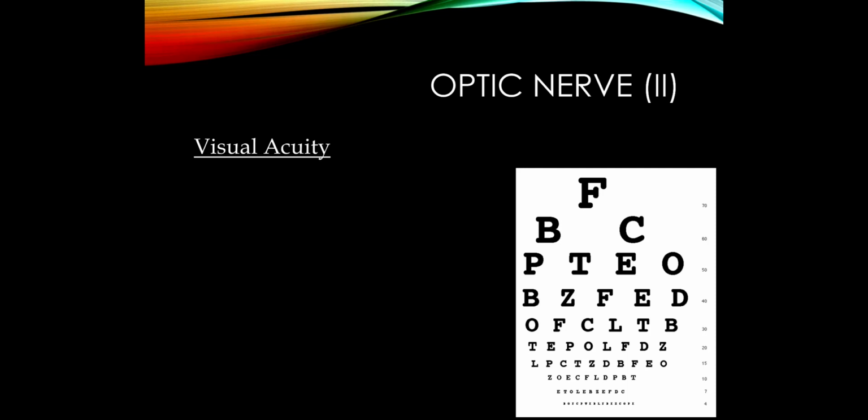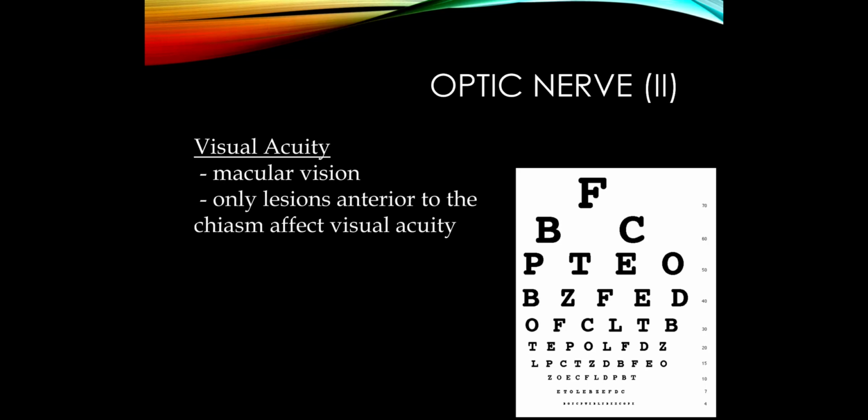Okay, so obviously this is important, especially if the patient is complaining of visual loss, that we can objectify by doing visual acuity testing. Visual acuity assesses central or macular vision. Half of the macula in each eye crosses over right at the optic chiasm.